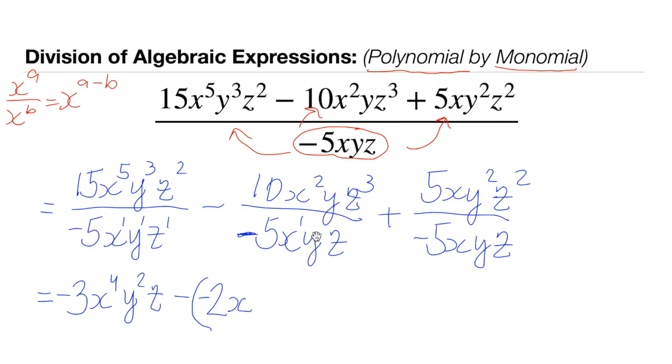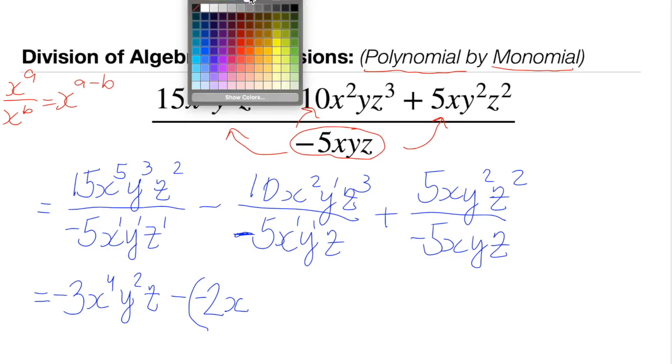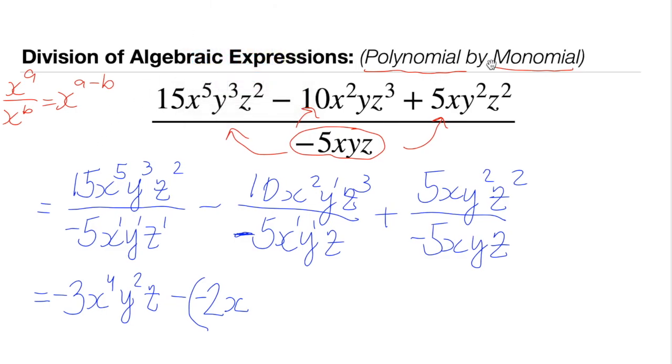Y divided by y. So y raised to 1 divided by y raised to 1 is going to be y raised to 0. By our law of exponents, any number x raised to 0 is equal to 1 for all x not equal to 0.